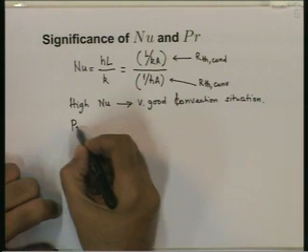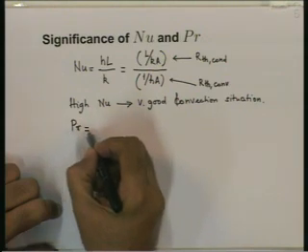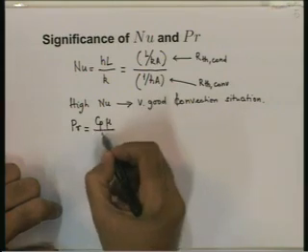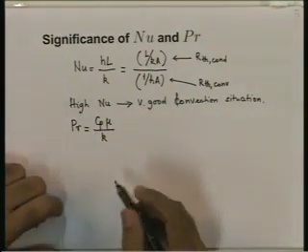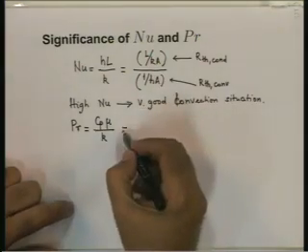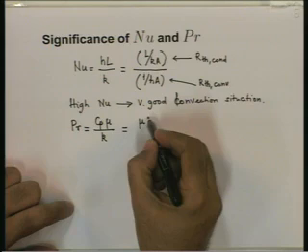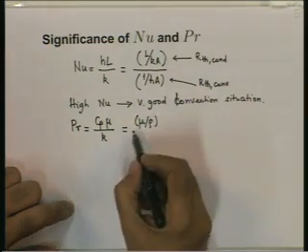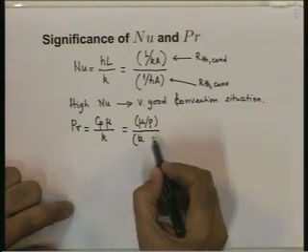Prandtl number is special in the sense that it is a function only of three properties, and we can rewrite this as mu by rho divided by K by rho Cp.